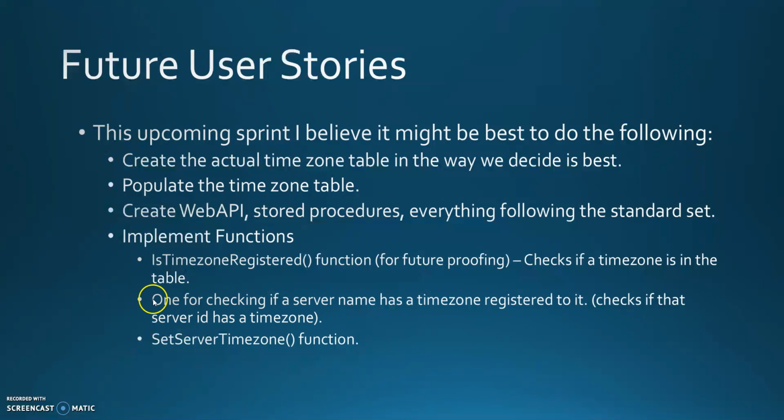So one for checking if a server name has a time zone registered to it, to see if the servers we currently have in our list have a time zone that corresponds to it, and then set server time zone function to finally set the time zone to that server.